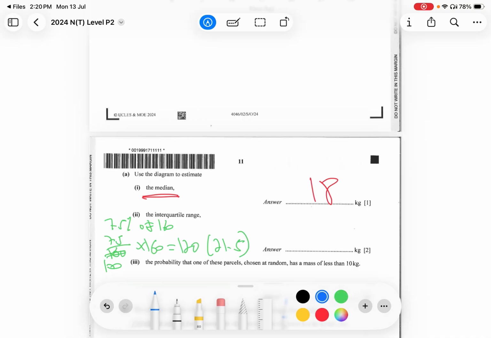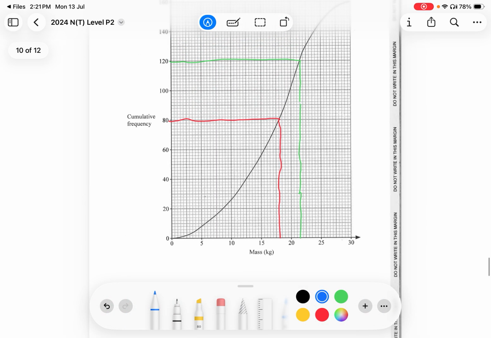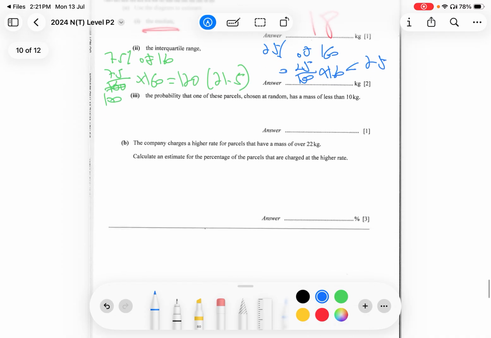The other one you need is 25% also. This is the lower quartile, which is 25 over 100 times 160, which is 40. At 40, the value actually is 10.